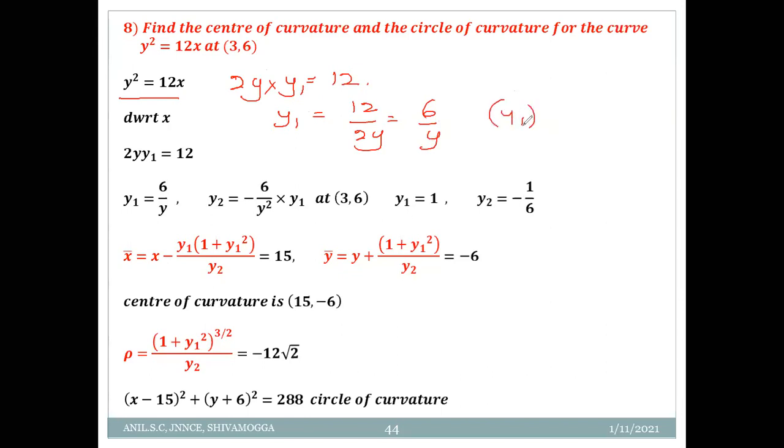And this y1 is required at 3, 6. Put x is equal to 3 and y is equal to 6. 6 by y is 6 by 6, which is 1. y1 is equal to 1. Again, you differentiate this equation y1 is equal to 6 by y with respect to x to find y2.